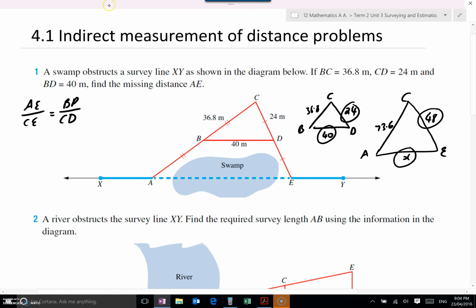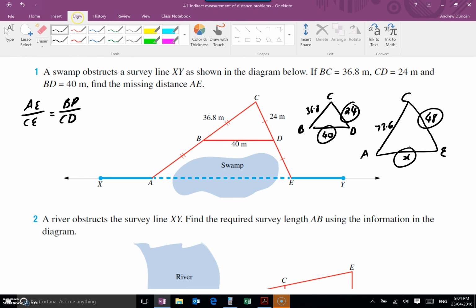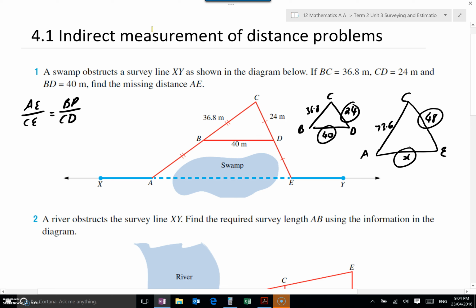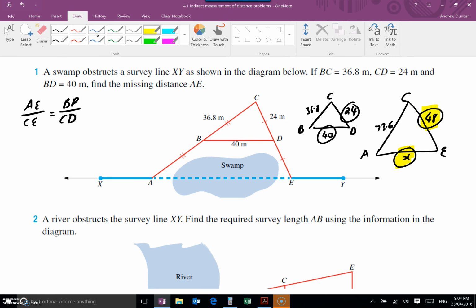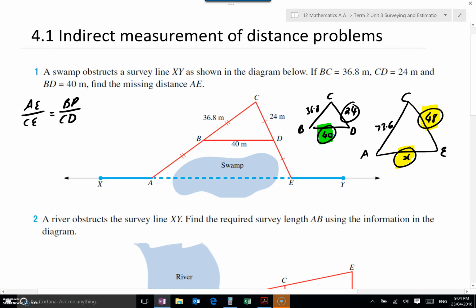Pretty much divide these 2 yellow ones and make it equal to these 2 green ones divided in the same order. I always put the X on top and make it easier to solve.